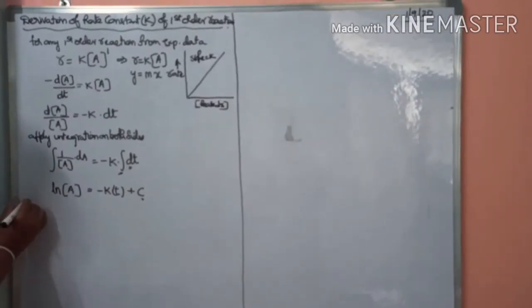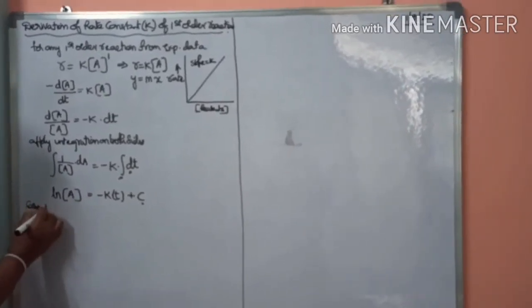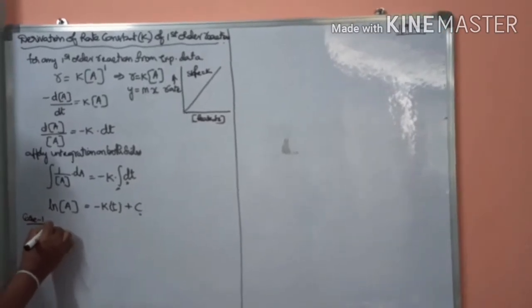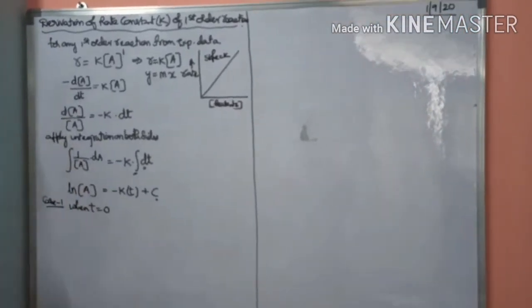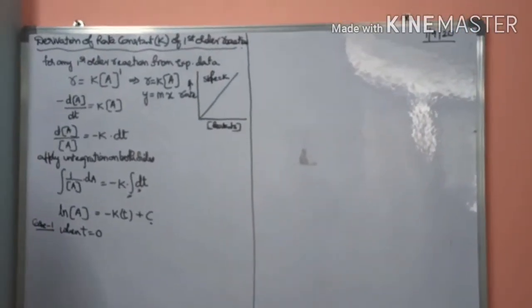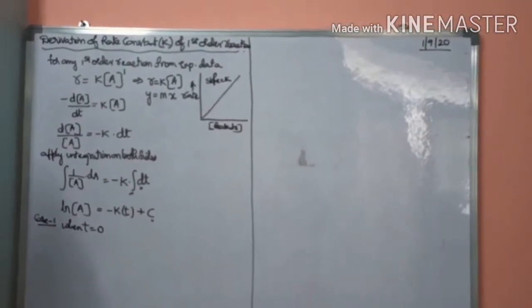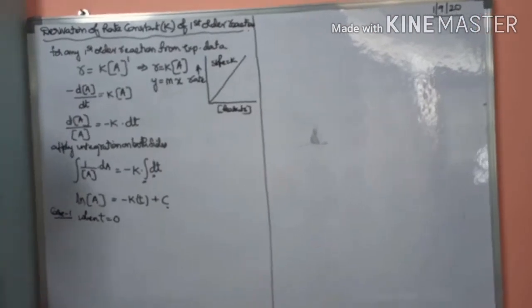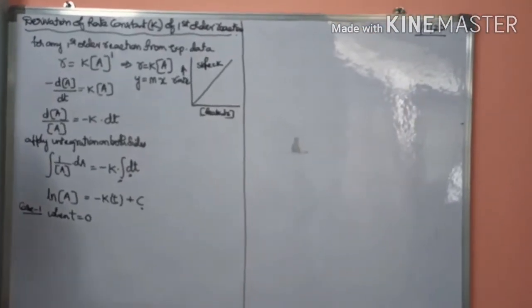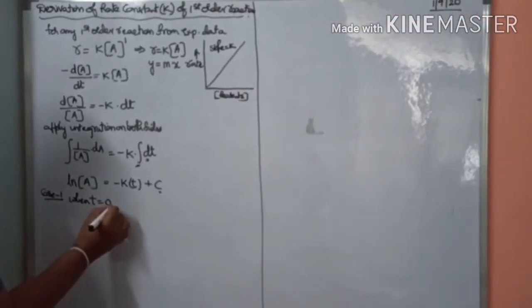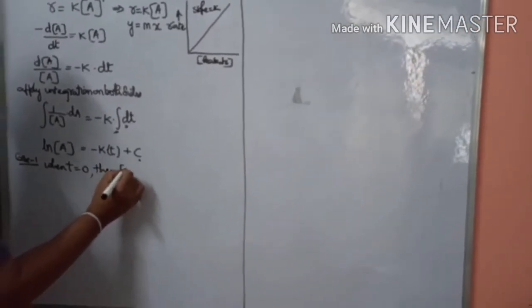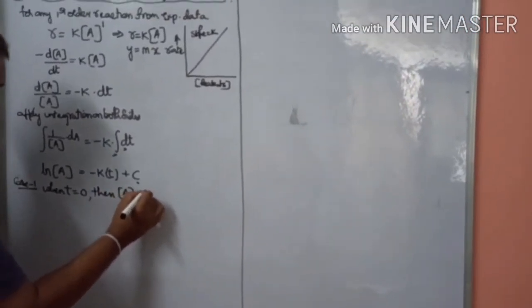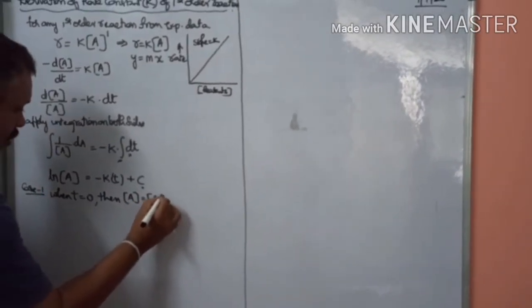In this, let us introduce a case 1 condition. The first condition, when time is equal to 0. When do you say time is equal to 0? We say time is equal to 0 when the concentration of your reactant is 100%. That means the reaction did not start. When time is equal to 0, then concentration of A will be equal to A0.